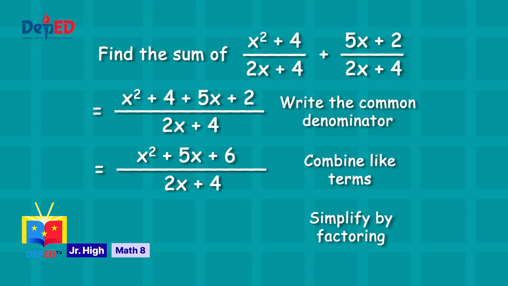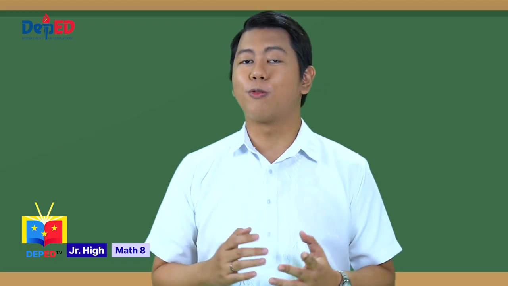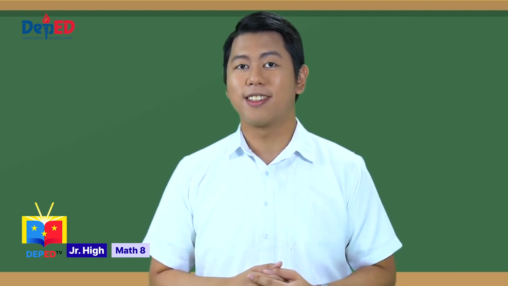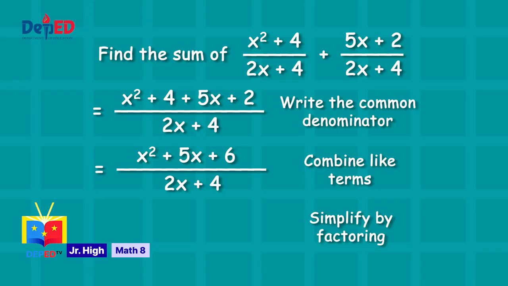We can factor the numerator and the denominator. The numerator is a general trinomial whose leading coefficient is 1. So can you think of two factors of 6 whose sum is positive 5? The numerator can be written as the quantity x plus 2 times the quantity x plus 3.